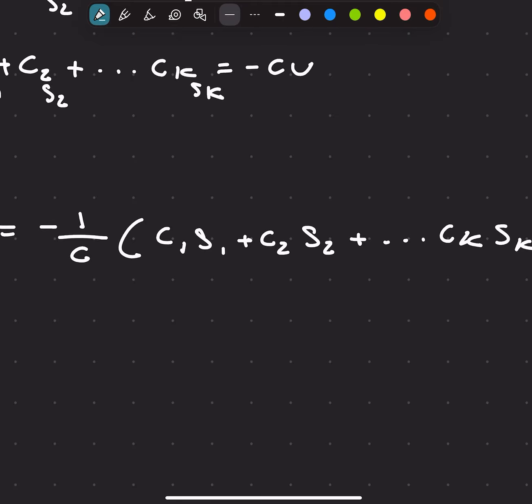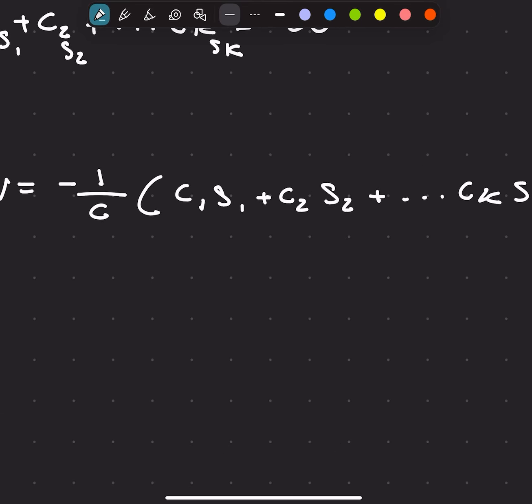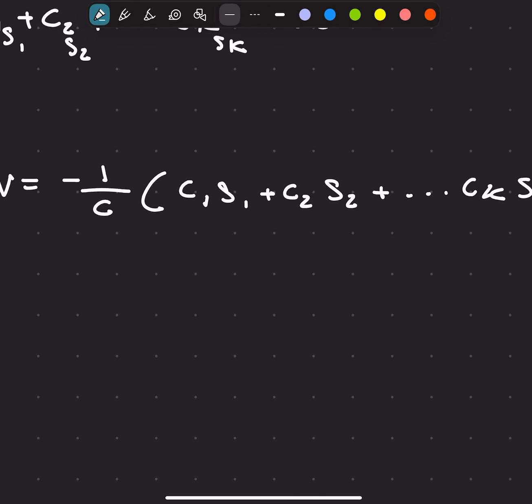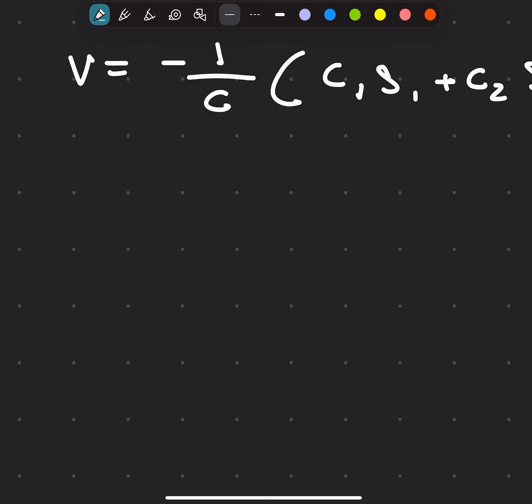What we can see is that V is now a combination of vectors in S. However, this contradicts what we said earlier when we said V does not belong in span S. So C cannot be 0.